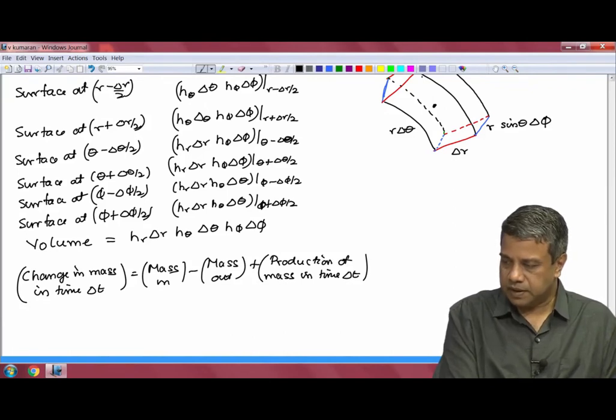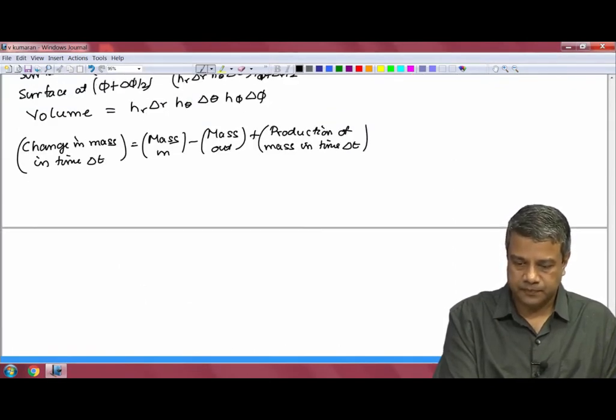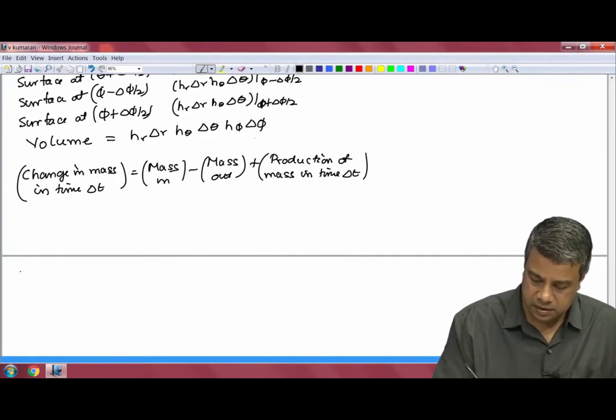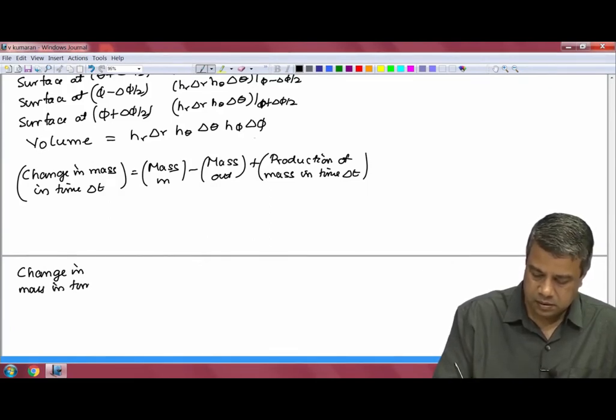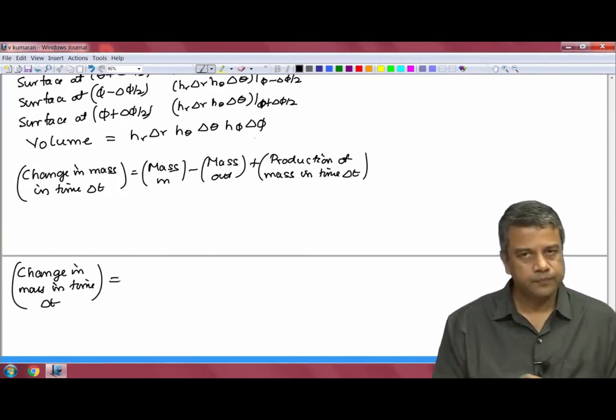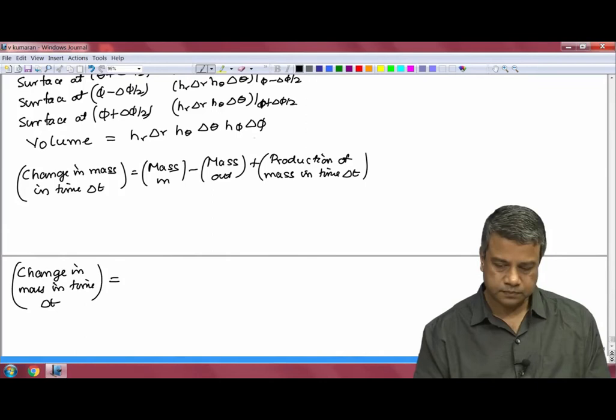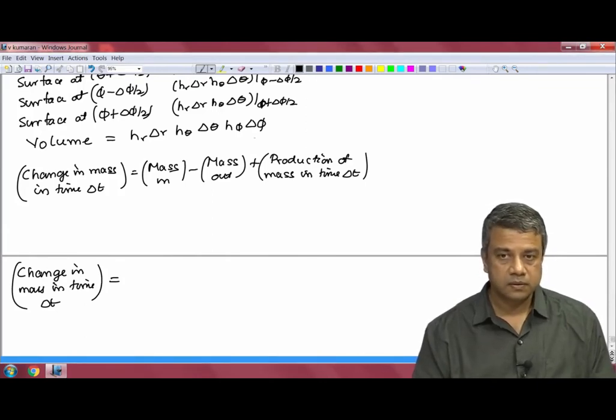And we have to evaluate each of these terms separately. Okay. First one, this is equal to the mass density, the change in the mass density times the volume.